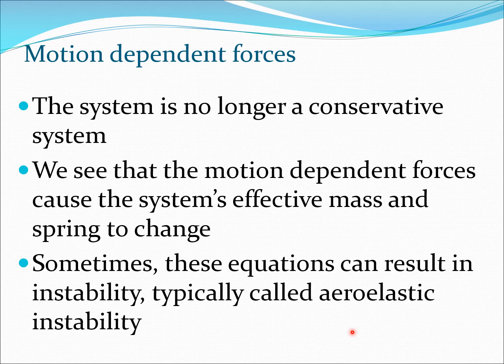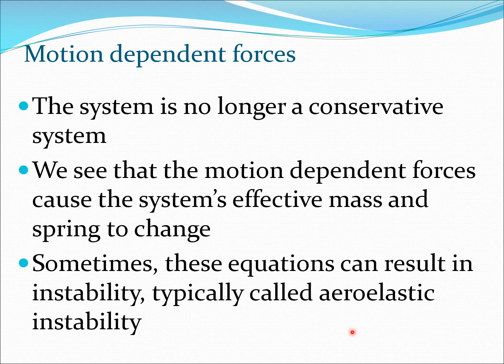So what has happened physically is that this system is no longer a conservative system, and we see that the motion dependent forces cause the system's effective mass and stiffness to change. So the mass and spring have changed, and sometimes these equations result in instability. So these are typically known as aero-elastic instabilities, for example, flutter type of phenomena.